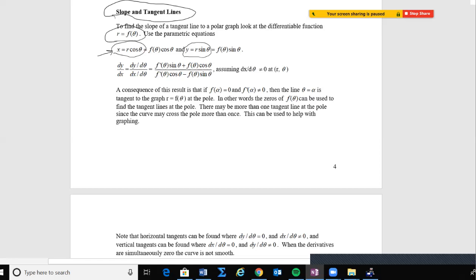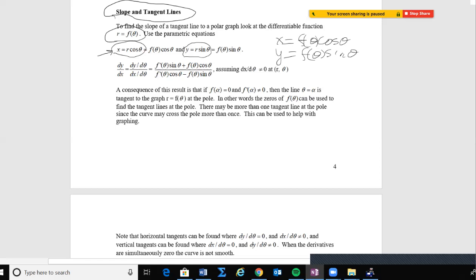We get these two functions: x equals f of theta cosine theta, and y equals f of theta sine theta. So we have just the one parameter to create this curve where r is equal to f of theta.